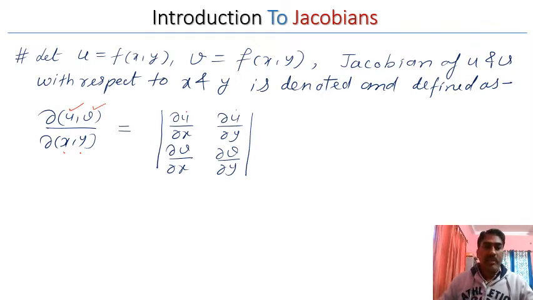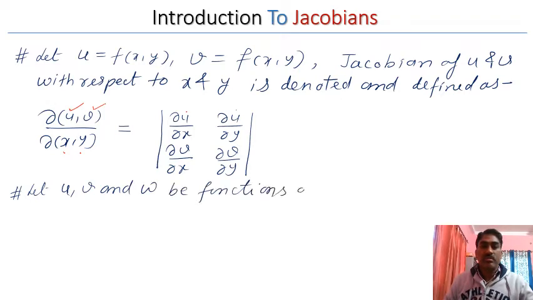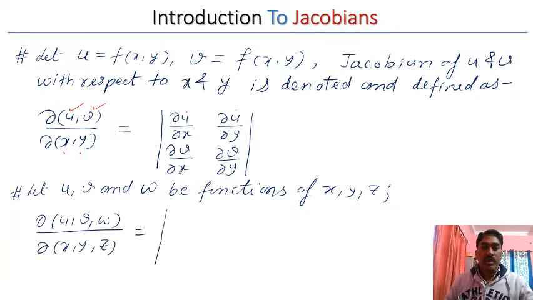and this is called the Jacobian of uv with respect to x and y. Similarly, if u, v and w are functions of three variables x, y and z, then the Jacobian of u, v and w with respect to x, y and z is denoted by a 3 by 3 determinant: del u by del x, del u by del y, del u by del z, del v by del x, del v by del y and del v by del z.